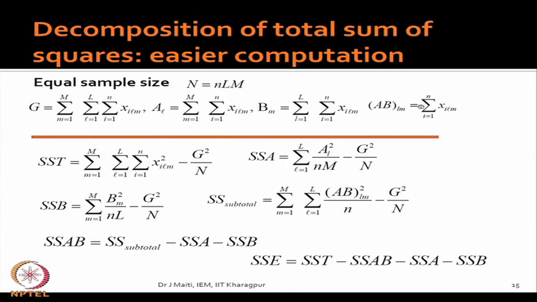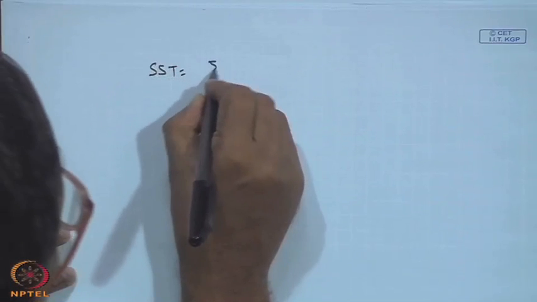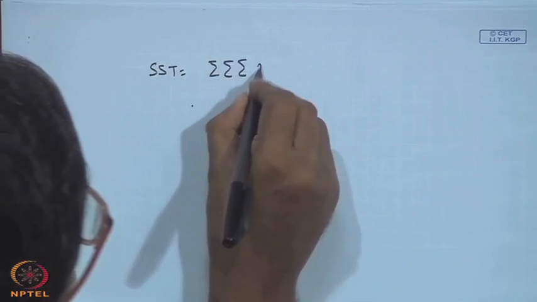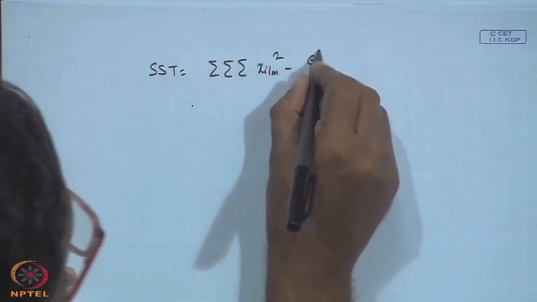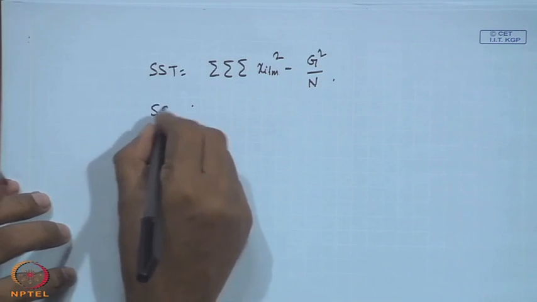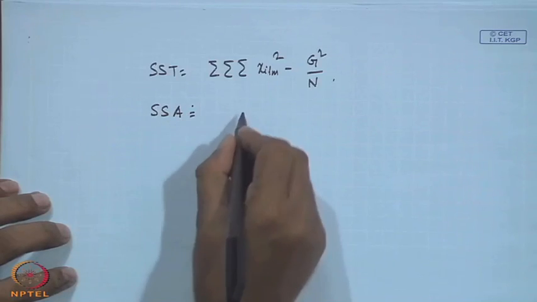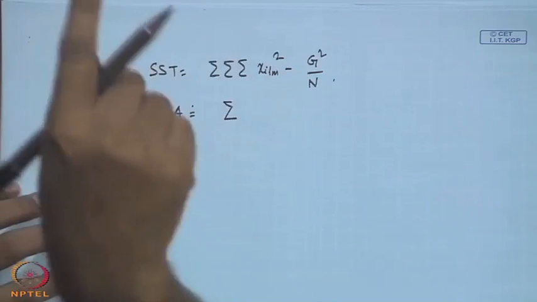Okay. So, what will be your SST calculation? SST is the sum of X_ilm squared minus G square by n. When you talk about SSA, you are considering only the rows.